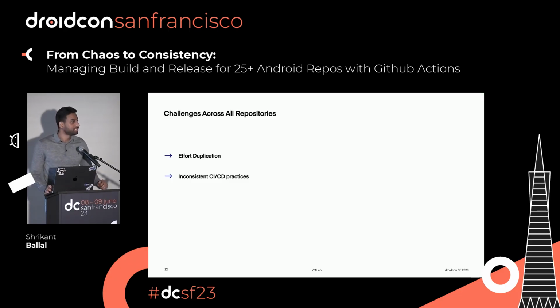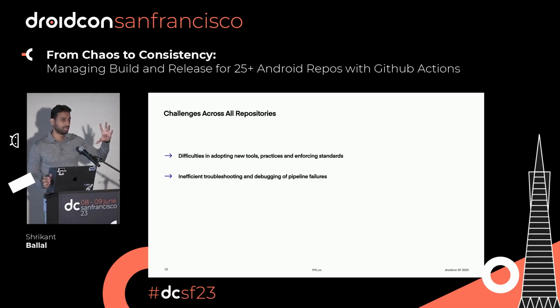Some libraries are using Jenkins, some are not. Some are using just unit test and assemble. The others are using detekt and lint. There was no consistency there. If we want to add, suppose, a security check on top of the existing checks, it was not possible. Someone has to implement it in every repository.